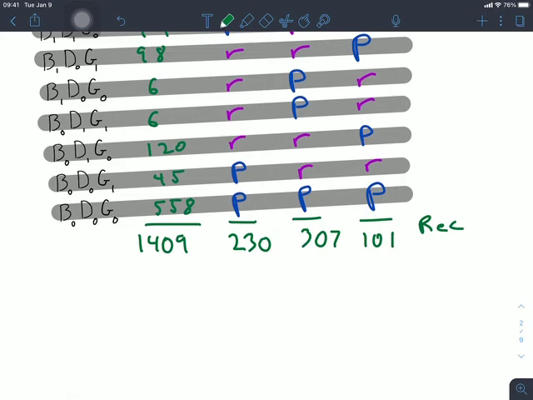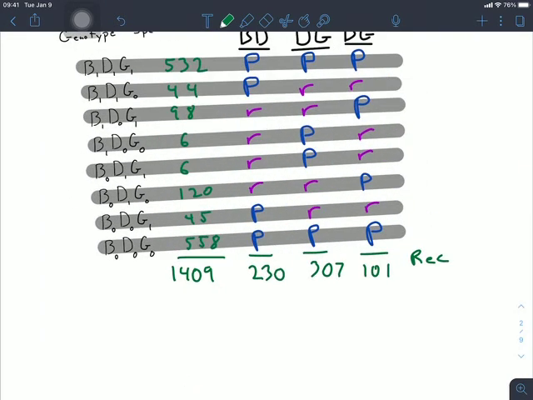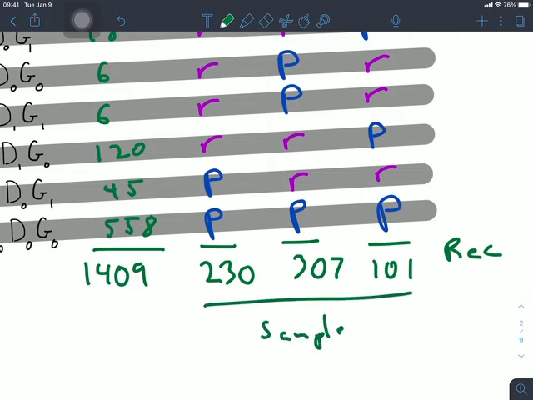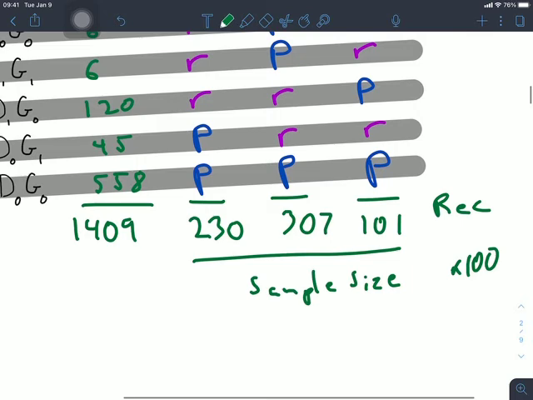Now, in order to calculate the map units between these, or the genetic distance between each of these pairs of loci, we're going to need to divide by the sample size. And then to convert to map units, you can multiply by 100 because it's a percentage.